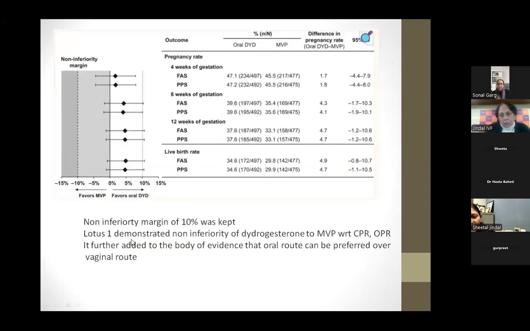Lotus 1 demonstrated non-inferiority of dydrogesterone to micronized vaginal progesterone with respect to clinical pregnancy rate and ongoing pregnancy rate. That is how oral progesterone in the form of dydrogesterone is used quite frequently now.